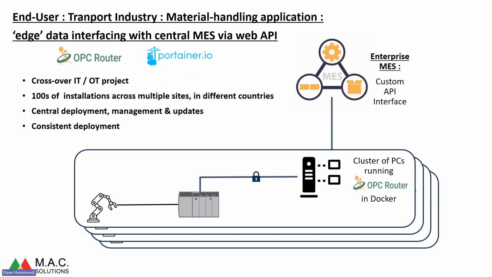They're running OPC router in that cluster, and OPC router is able to do interactions between the PLC code and the enterprise MES, both on the local site and also passing the data onto the central systems. That's all done via a custom API interface. The OPC connection to the left, to the PLC, is done using OPC Router's OPC UA client plugin, and the connection to the custom API is using OPC Router's REST plugin. So OPC Router is acting as the middleware.